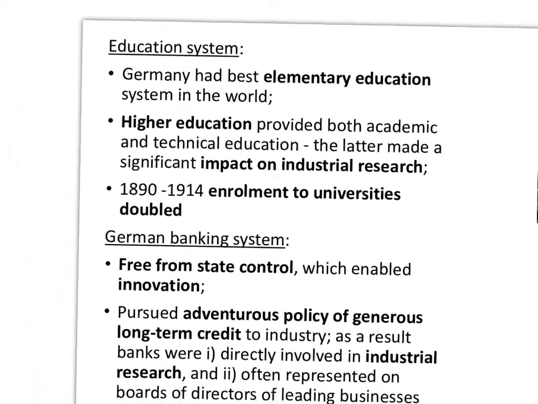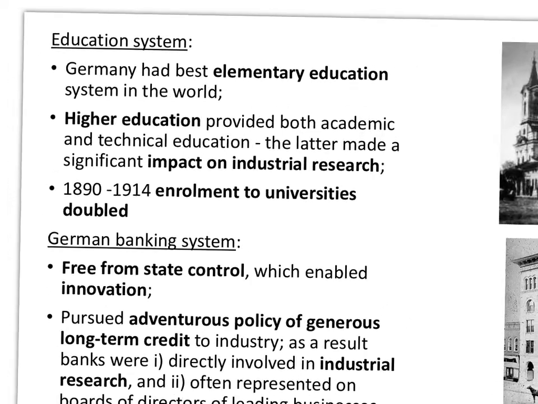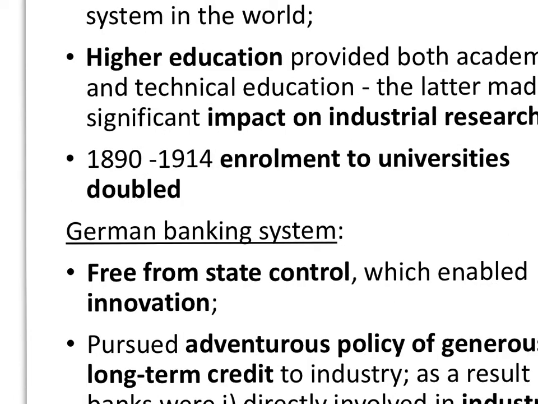German universities produced many graduates who went into industrial research, engineering and scientific research. So Germany was ahead of other countries like Britain in using universities to support economic development.